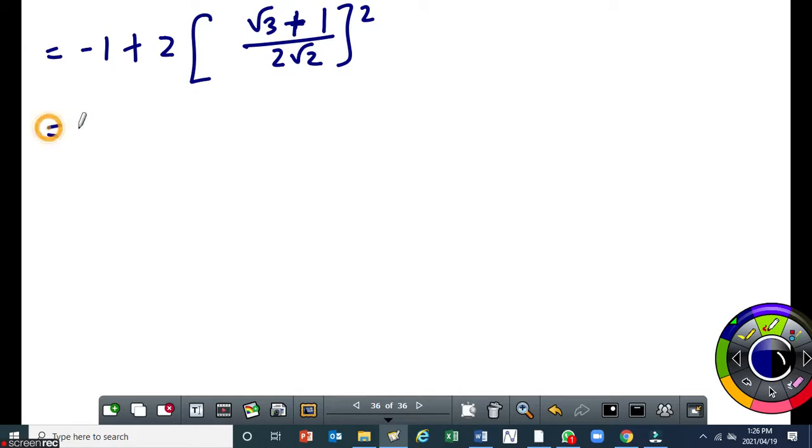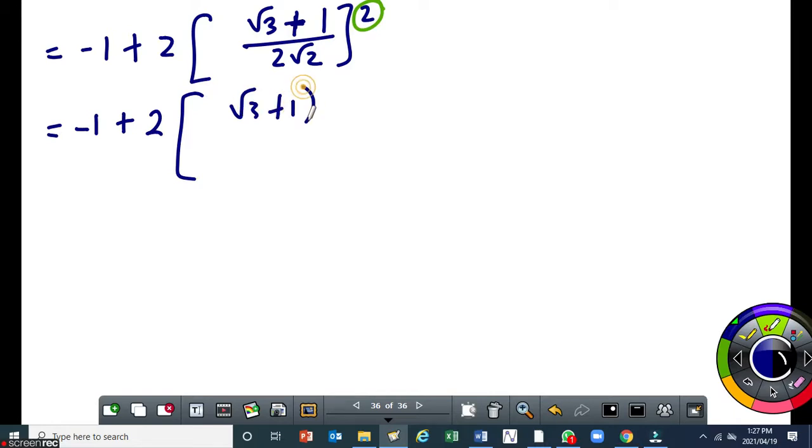So this becomes minus 1 plus 2. Now, this 2 here, it means we have to square the binomial numerator and square the denominator. So I can write that as, put my square bracket, square root of 3 plus 1 times square root of 3 plus 1 all over.